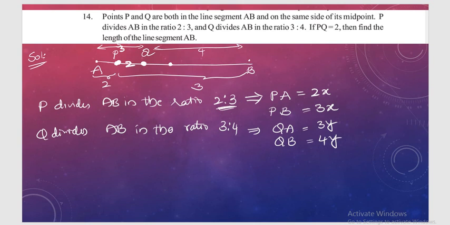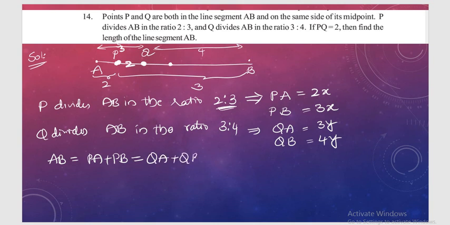Now from the figure, PA plus PB is nothing but AB only, no? So AB is equal to PA plus PB, or the same AB can be written as QA plus QB also.